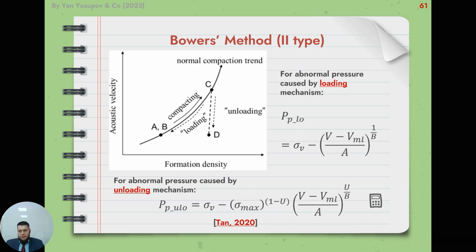Bowers also proposed an empirical relation to account for the effect of unloading. For abnormal pressure caused by loading and unloading mechanisms, he proposed equations. I show them on the slide, and we will discuss them more in future slides.